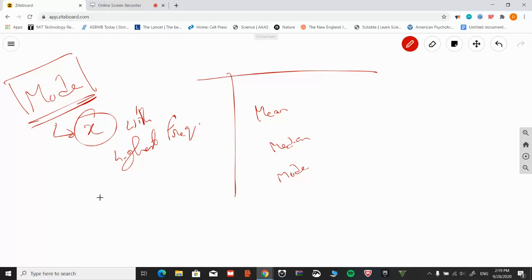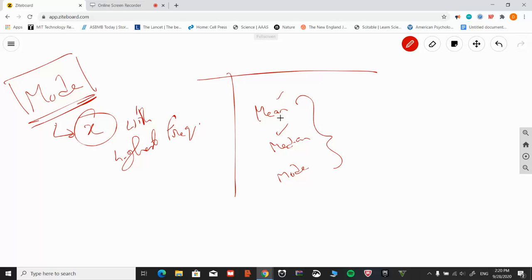Not for all data sets is the mean the best value to represent or summarize the data. Nor is the median the right measure of central tendency for all data sets either. Every data set will have a different appropriate measure of central tendency.